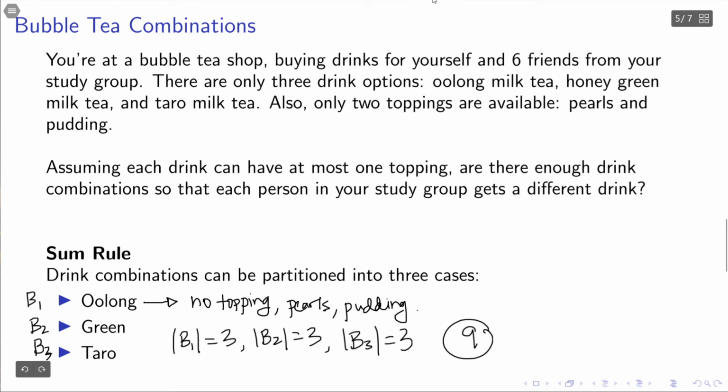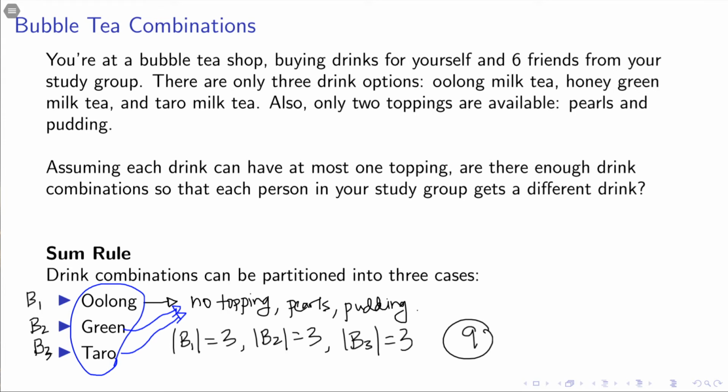But now observe that it really didn't matter what the base drink was. Regardless of what you started with, you would have had the same 3 possible options for toppings. Either no topping at all, pearls in your drink, or pudding in your drink.